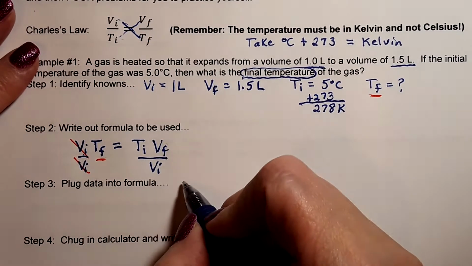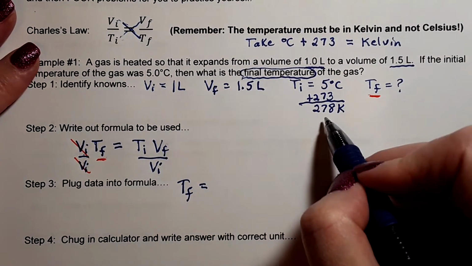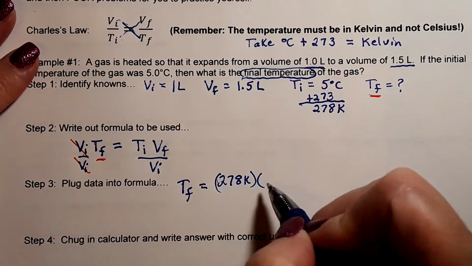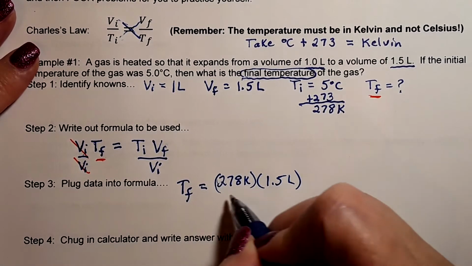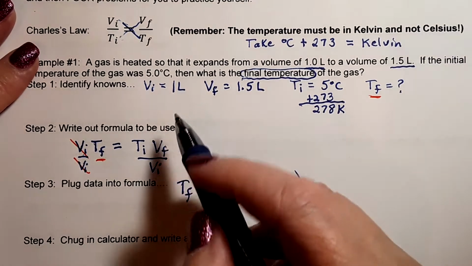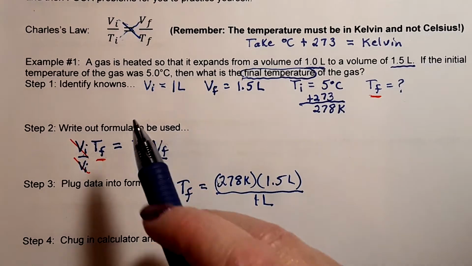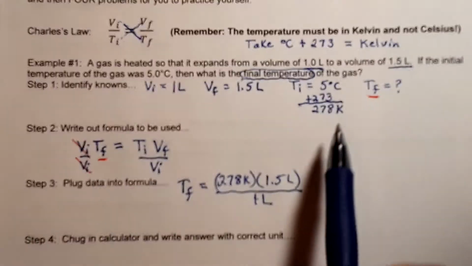Okay, so now let's plug the data in. So TF equals TI, here it is in Kelvin, 278 Kelvin, times VF, which is 1.5 liters, over VI, which is 1 liter. So now you see why it's so important to know the difference between which ones are initial and which ones are final.